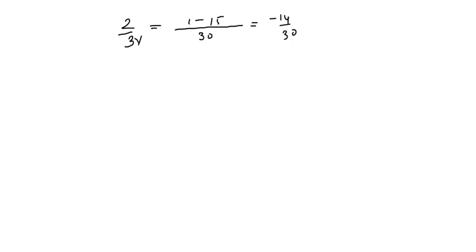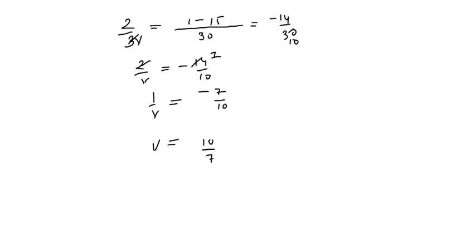So this one gives me 10. So 2 by v is equal to minus 14 by 10, or, 2 sevens are 14, so 1 by v equals minus 7 by 10, or v must be equal to minus 10 by 7. So 7 1s are 7, 3 and 7 4, 1.4, minus 1.4 cm.